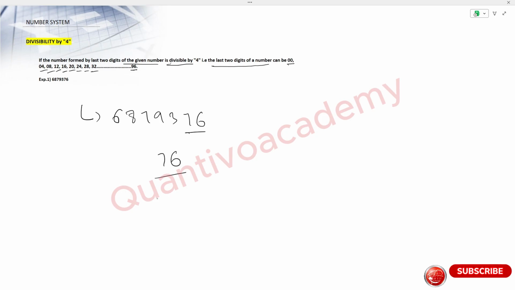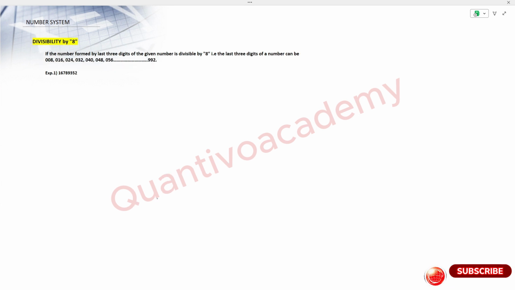If this number is perfectly divisible by 4, then the complete number is also divisible by 4. 4 ones are 4, 4 nines are 36. So the last two digits of the given number are perfectly divisible by 4, then the complete given number is also divisible by 4.